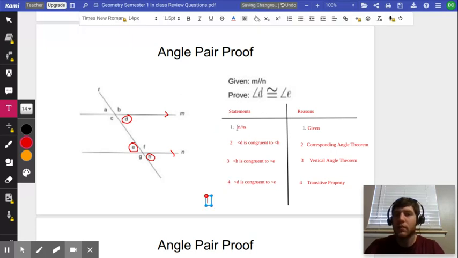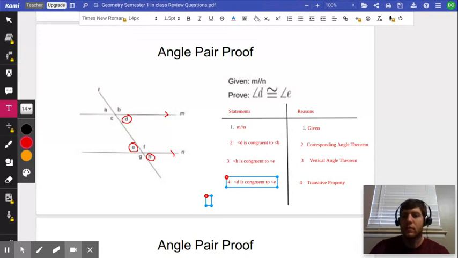So we started off with the lines are parallel. We can't go straight from D to E because that's what we're trying to prove. So we need to go indirectly, using other things to get D congruent to E. We said D is congruent to H by the corresponding angle theorem, and then H is congruent to E by the vertical angle theorem. Since D and E are both congruent to angle H, we use the transitive property to show that they're congruent.